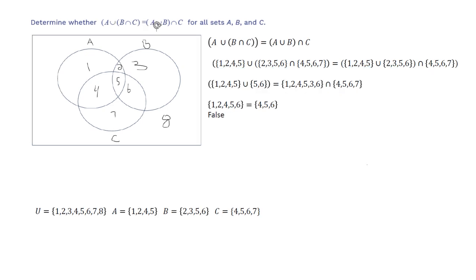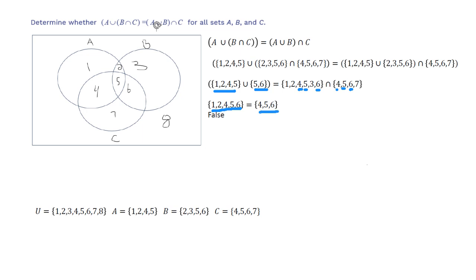We have 1, 2, 4, 5 union 5, 6, which means to put it all together. So that is right here. And on this side, we have the intersection. So we have a 6, a 6, a 5, and a 5, a 4, and a 4. So we get 4, 5, 6.